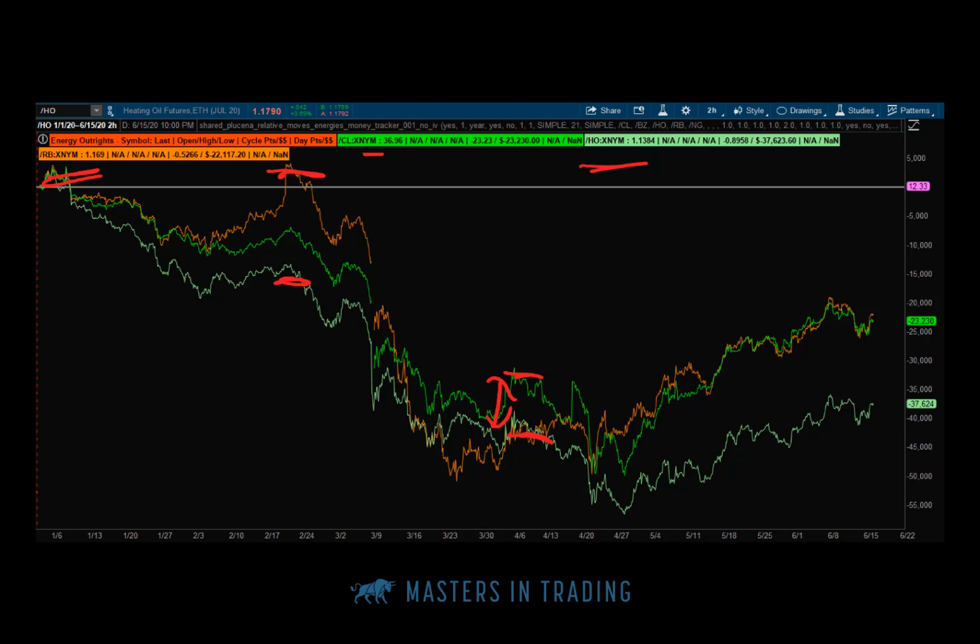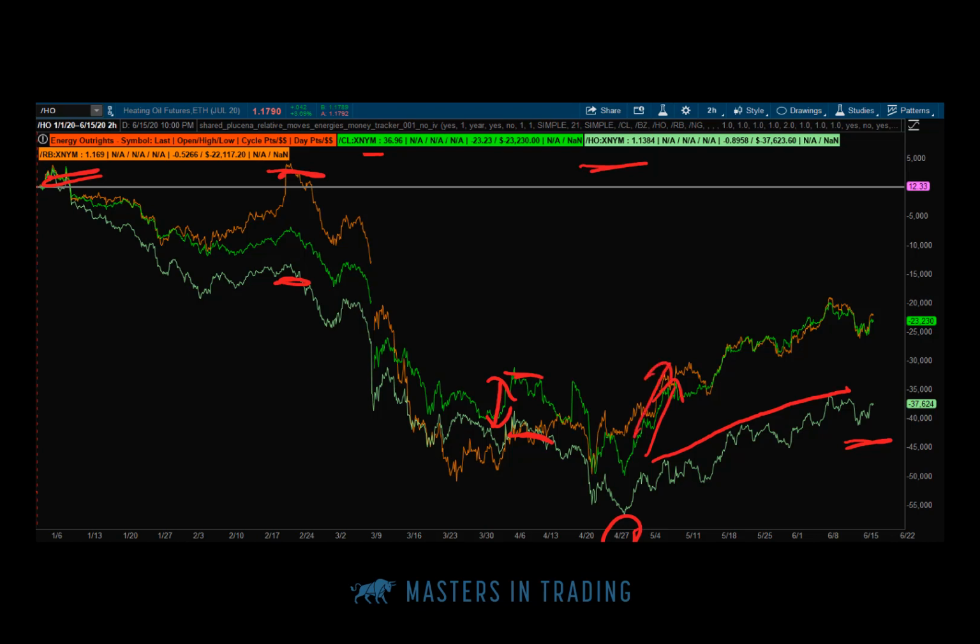The trade idea that I had, that I shared with my membership, that I still really like, it's a really good opportunity, we got a little bit of a head start, is heating oil. Notice since April 27th, heating oil has really disconnected from oil and from gasoline.